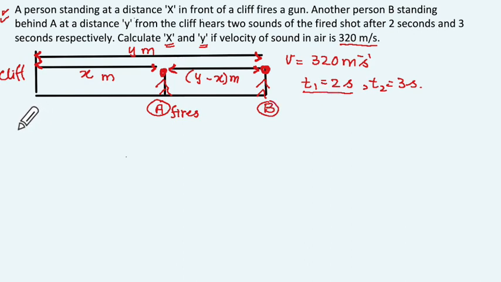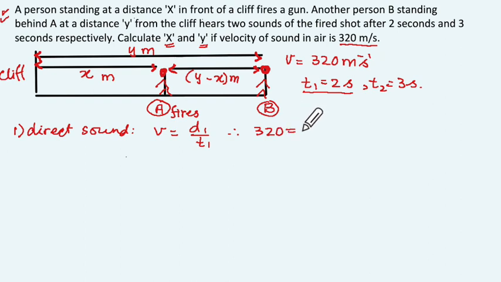So the first one will be the direct sound, and for that we will say V is equal to d1 upon t1. Therefore V is 320 meter per second, and the distance between A and B: if A is x meters away from the cliff and B is y meters away from the cliff, then the distance between A and B will be the larger distance minus the smaller distance, that is y minus x, upon the time taken for the first sound, which is 2 seconds.